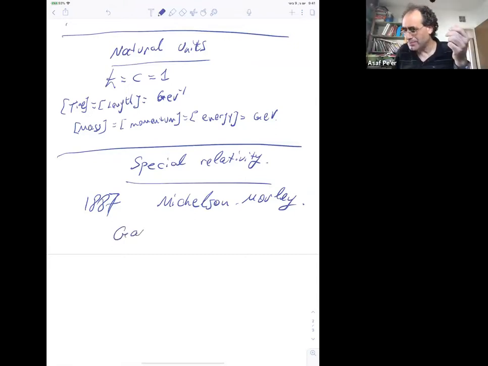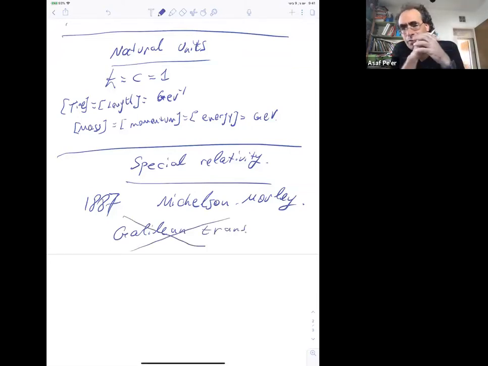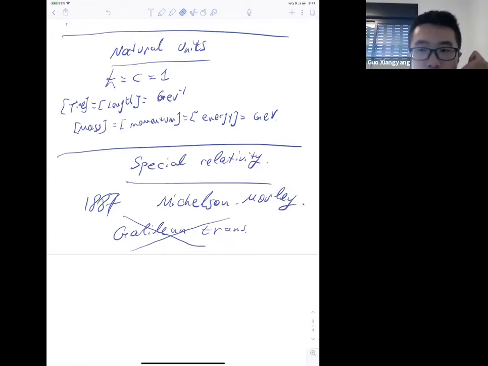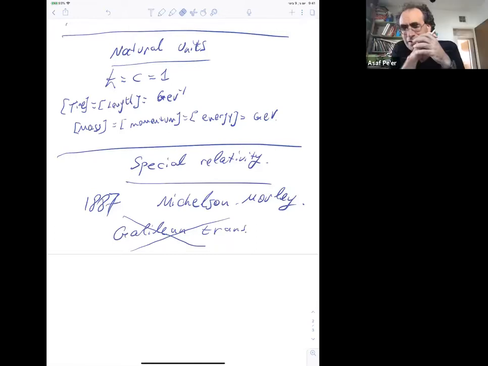So what? So there is no absolute frame. Okay, so the Galilean transformation fails. So what?